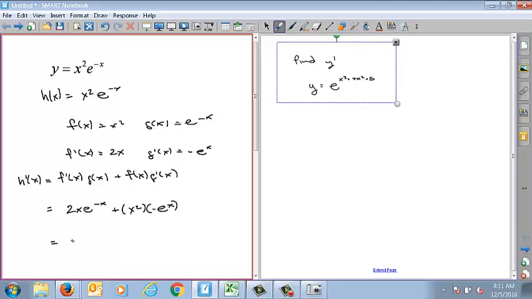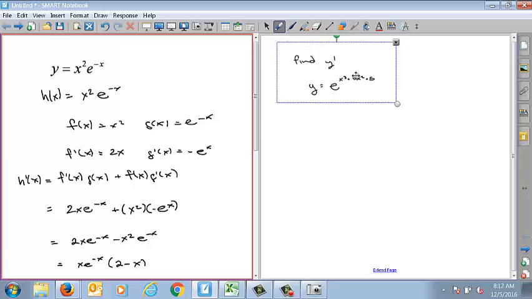And the only thing you have to do to simplify it, I mean, you could factor out an e to the minus x, but if you gave it to me in this form, I'd be happy. But you could factor out an x e to the minus x, and that would leave 2 minus x. I think that looks right. Okay.